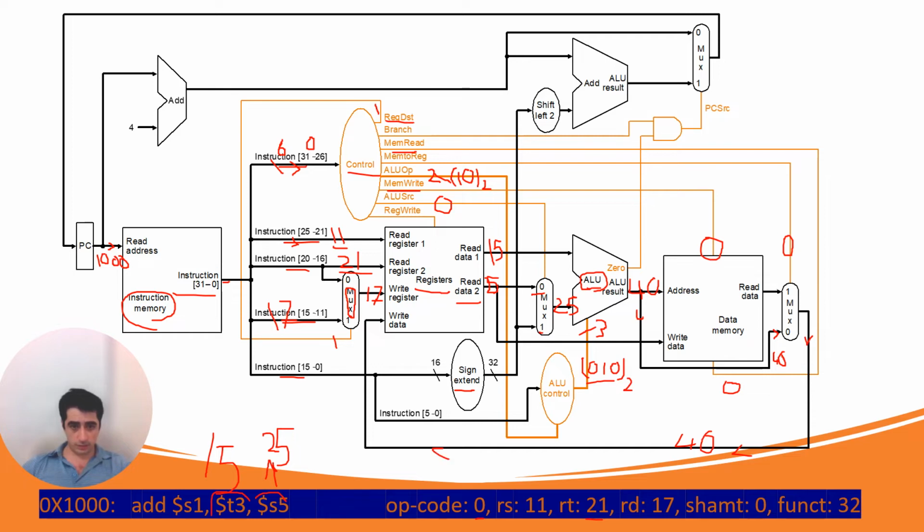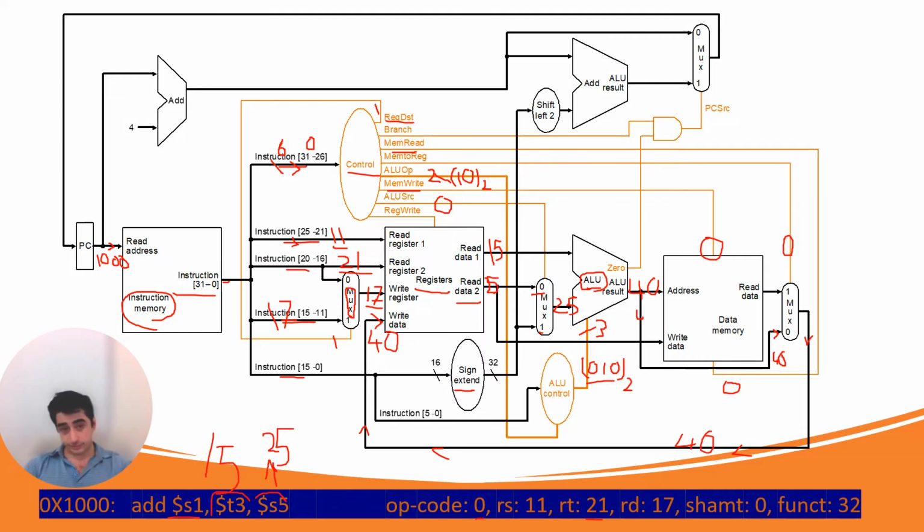This is still the value 40. It comes to this vertical line, and it's going to be given to the write data. So the write data is equal to 40, and we're going to write 40 into the register 17, which is going to be S1. So after this instruction is completed, S1 will be equal to 40, right? Which is exactly what add is supposed to do, right?